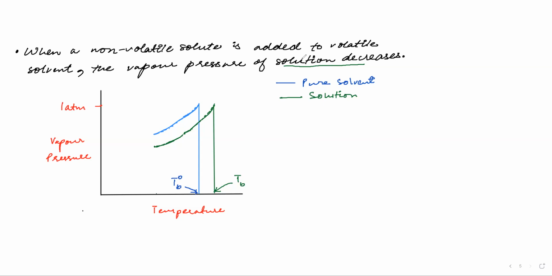The difference here is delta TB. Delta TB will be equal to, which is greater, T naught B or TB? TB is greater, so delta TB equals TB minus T naught B.